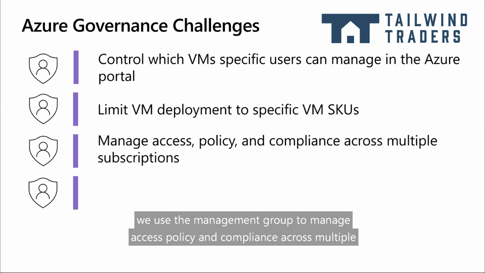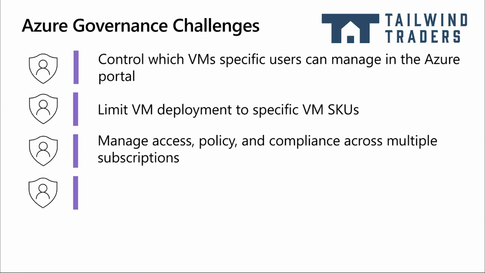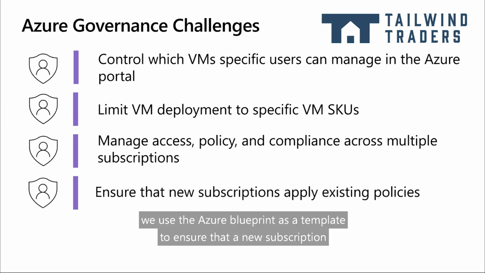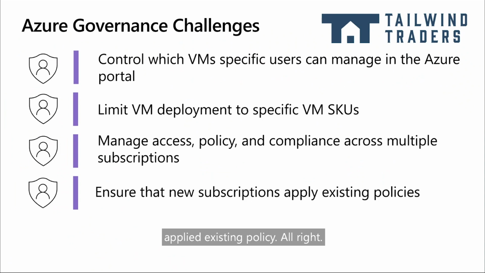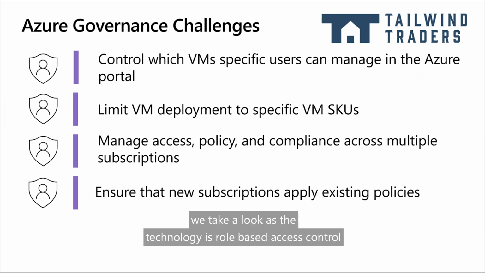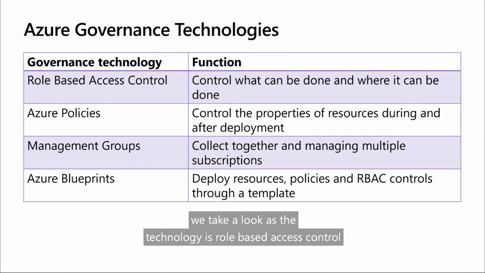Third challenge, we use the management group to manage access, policy and compliance across multiple subscriptions. And the last one, we use the Azure Blueprint as a template to ensure that a new subscription applies to existing policy.